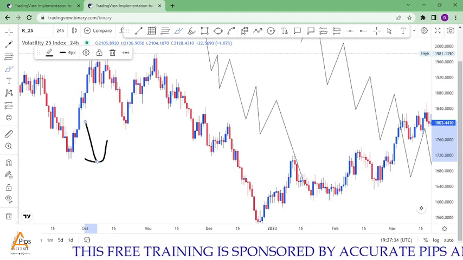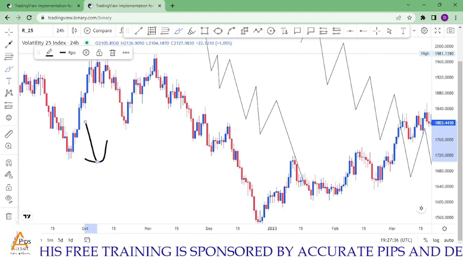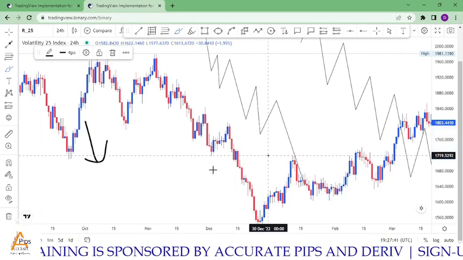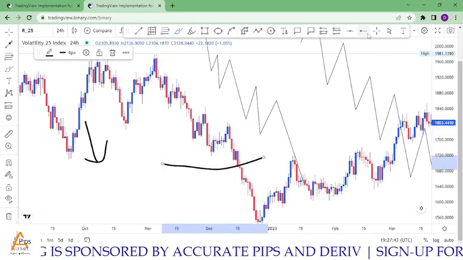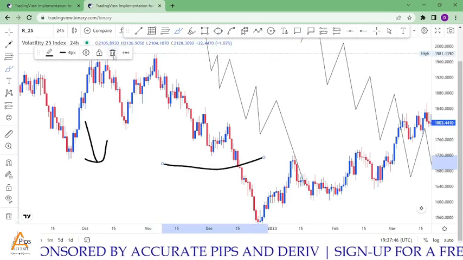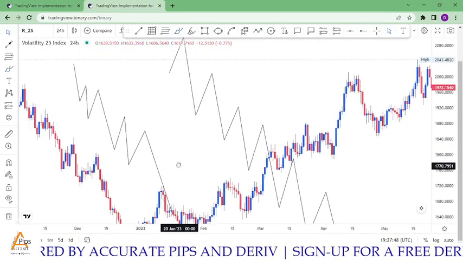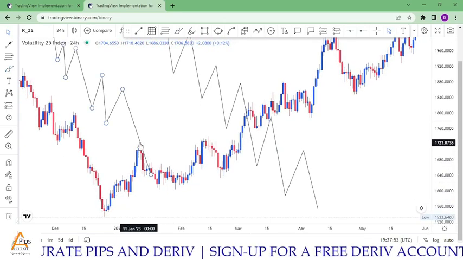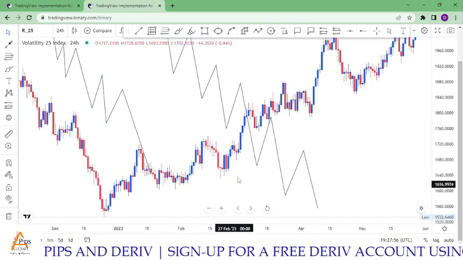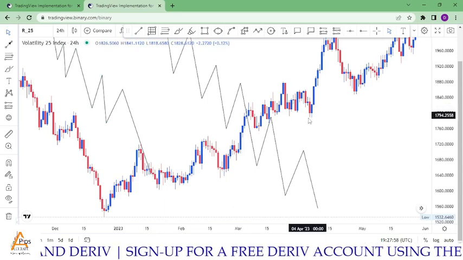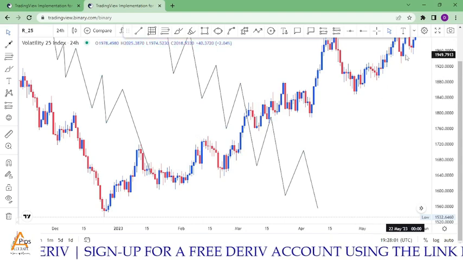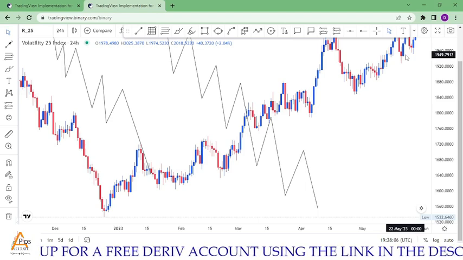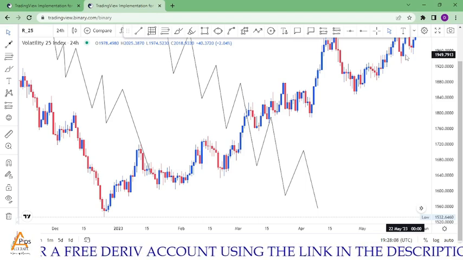I'm just describing people in the market who are longing the market at that time, people who are causing the market to move in this nature, that is, to form a series of higher highs and higher lows in the market. People who are long in the market are the people we refer to as the bulls.